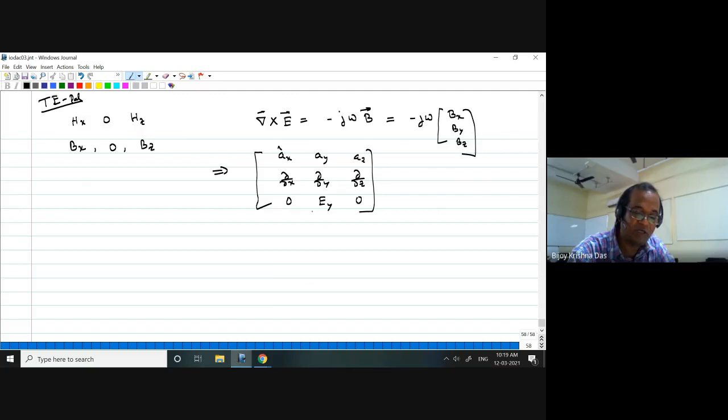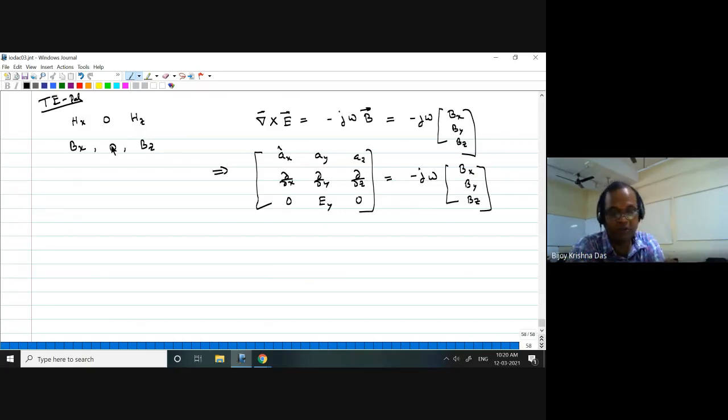So curl of E can be represented like this, equal to minus j omega times the x component, y component, z component. I can find them out. By is obviously equal to 0 from this equation.